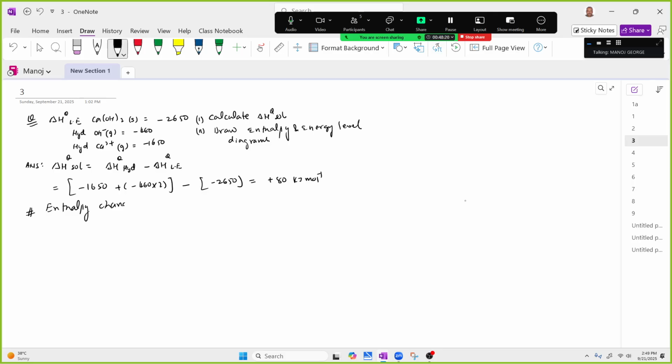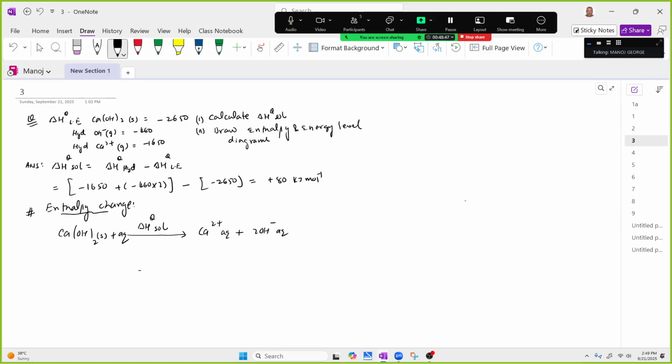Enthalpy change diagram. Remember, whenever you draw an enthalpy change diagram, you're going to write the delta H solution equation. This is for calcium hydroxide dissolving in a very large amount of water to form calcium ions aqueous plus 2 OH minus aqueous.